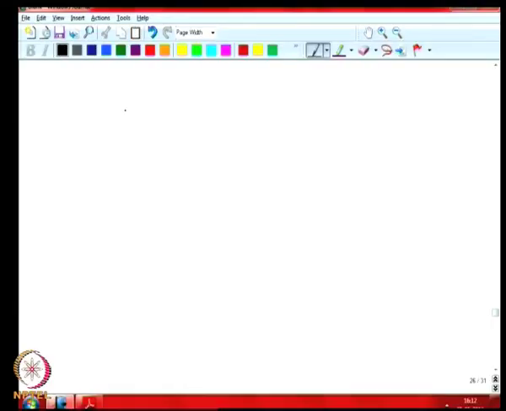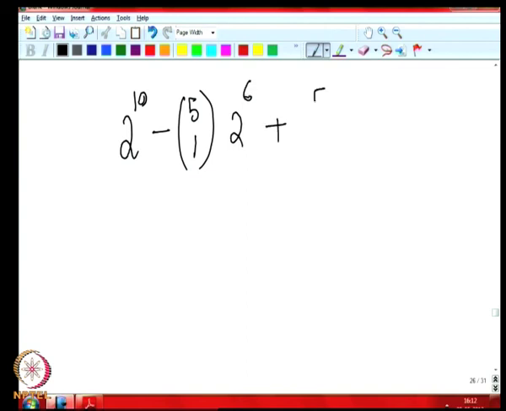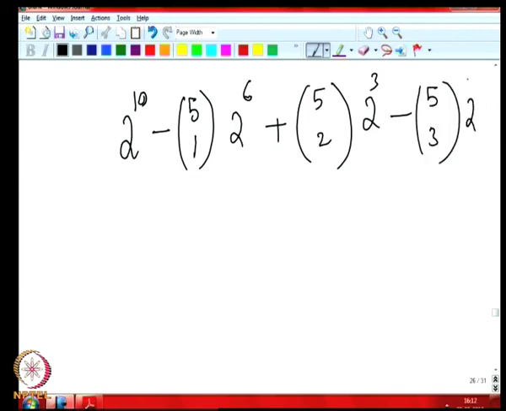Therefore, that would be the cardinality of the universe, namely 2 to the power 10, minus, if I choose 1, into 2 to the power 6, plus, if I choose 2, into 2 to the power 3, and then minus, if I choose 3, into 2 to the power 1, plus then, if I choose 4, into 2 to the power 0.